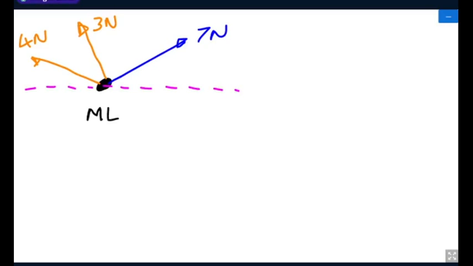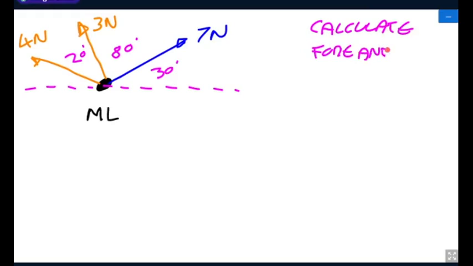This could be 30 in there, that's 30. This could be 80 in there. And this could be, say, 20 in there. So calculate resultant force. Calculate force and angle. Who wants to go do this? Because I don't want you all to have a go. Anybody have a go?